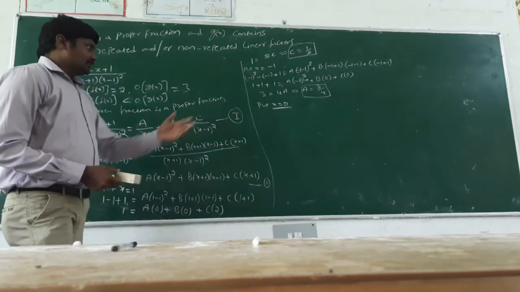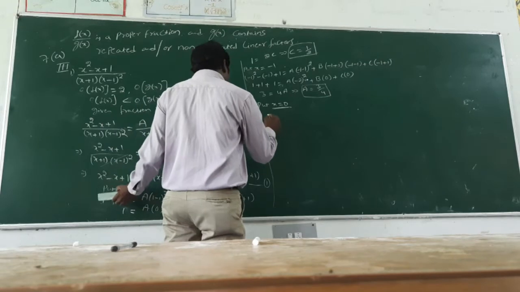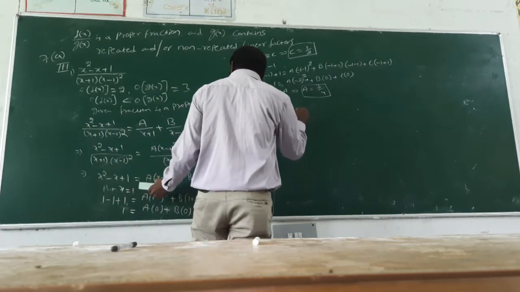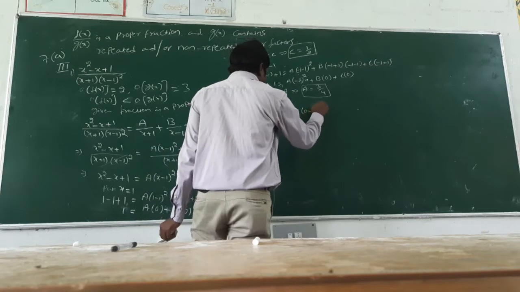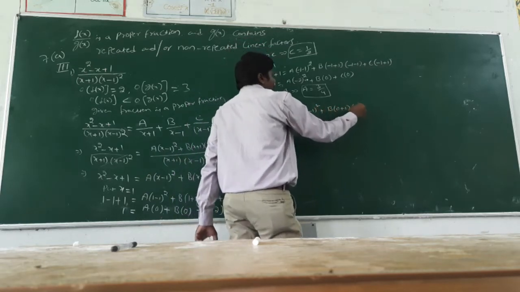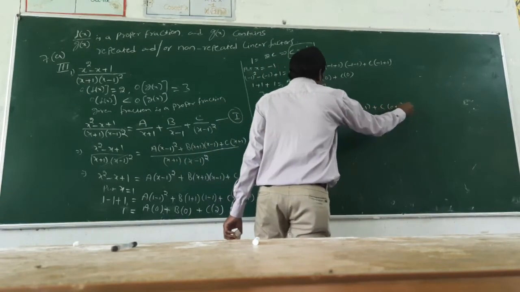Put x is equal to 0. We get 0 square minus 0 plus 1 is equal to a of (0 minus 1) whole square plus b of (0 plus 1) into (0 minus 1) plus c of (0 plus 1).